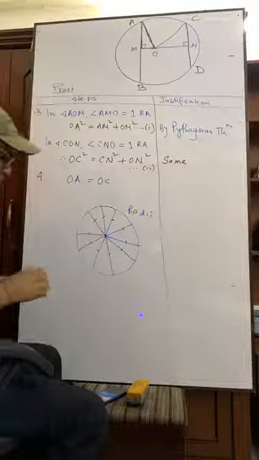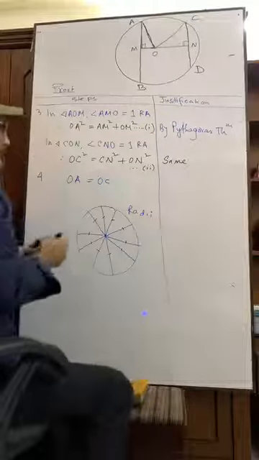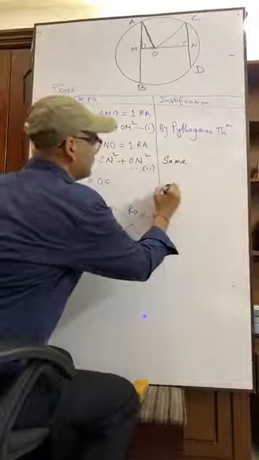So we can write a side note here: the radii of the same circle are equal.